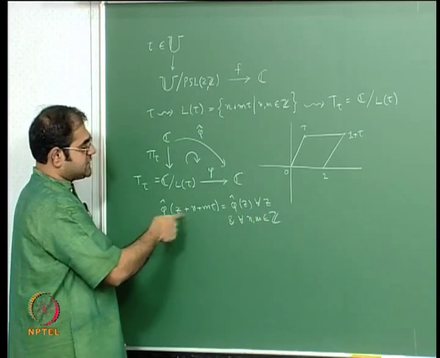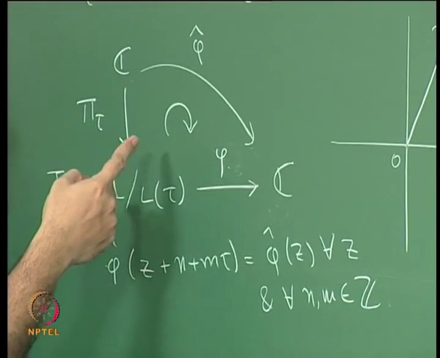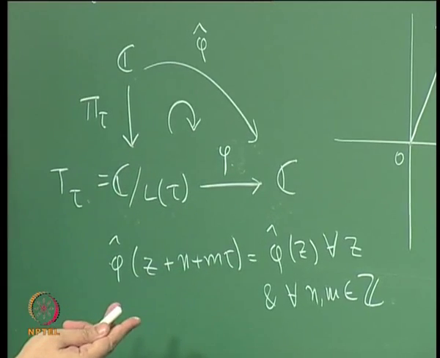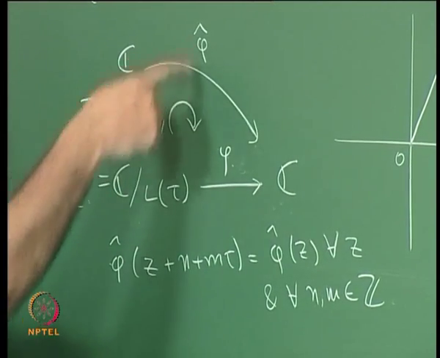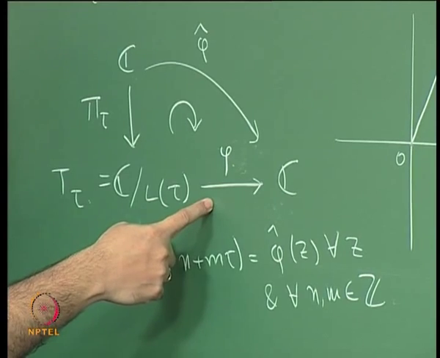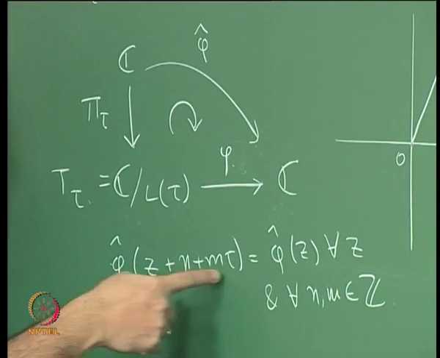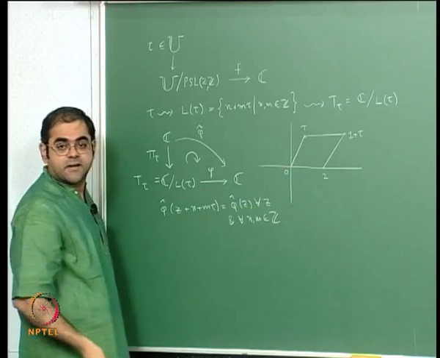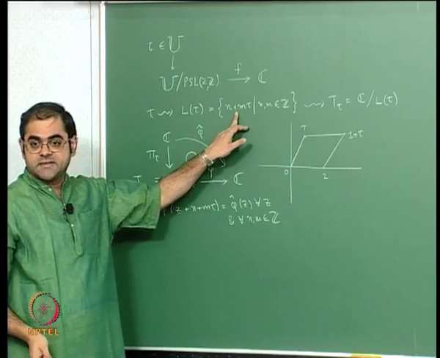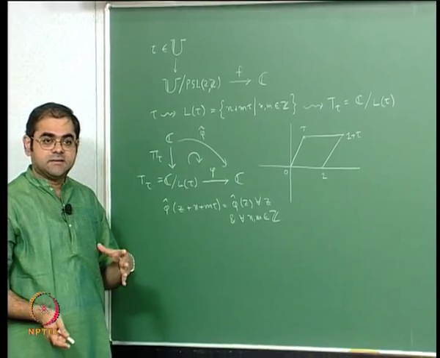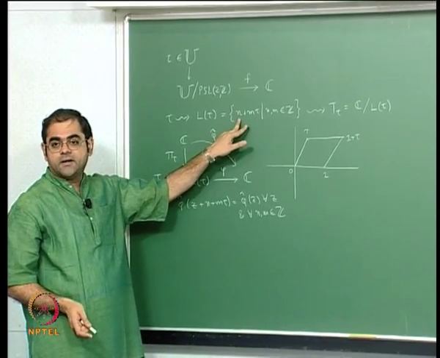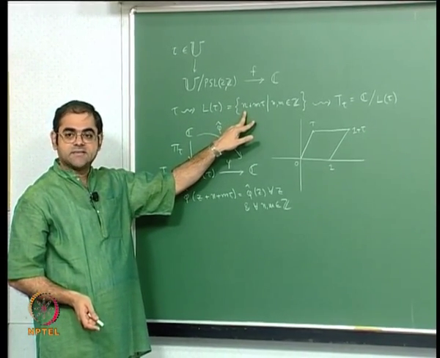This is dictated by the fact that a function above can go down to a function below if and only if it is periodic with respect to this lattice, that is, the function values are the same if you translate by an element of this lattice.